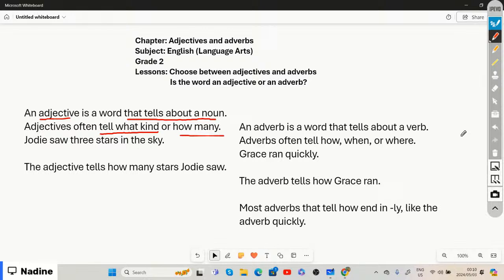If we were to say how many stars Jody saw, then we would say it is 3 stars that Jody saw. Only 3. So 3 is that number that tells us how many. So basically, our adjective tells us how many stars Jody saw.